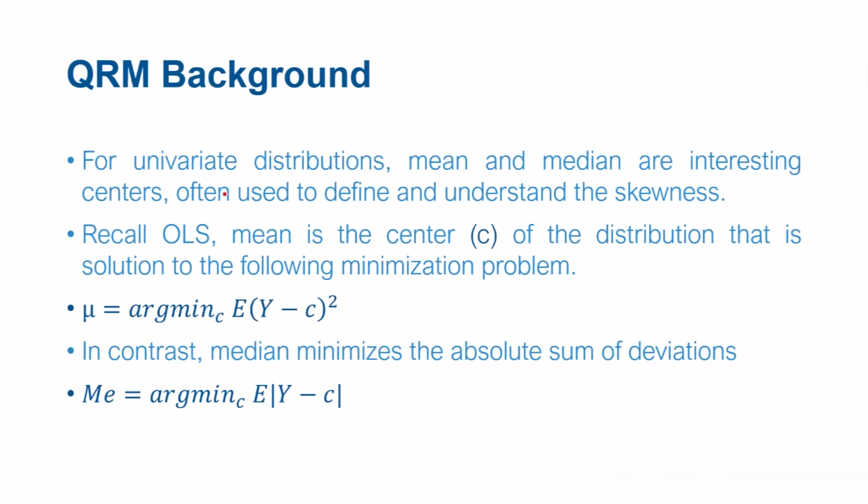Now, mathematically, if you start with thinking in terms of univariate distributions like y, mean and medians are like centers of the data. And they are often used to define whether the distribution is skewed or not. So when you think of OLS, essentially the mean is the center from which you are minimizing the sum of error squares. So here the center is like c, and the expected value of y.